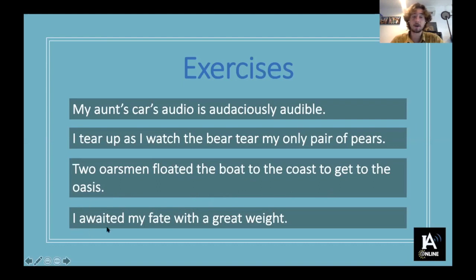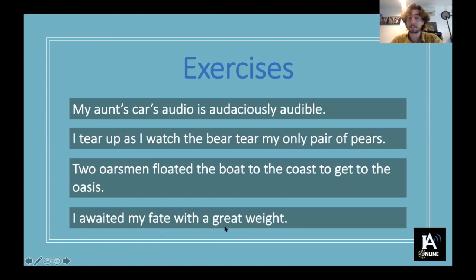Now, I awaited my fate with a great wait. So here, specifically, the sound is ay. But you can notice that it's spelled in different ways. I awaited, so there it's AI. That's how you say A there. I awaited my fate. There it's ATE. I awaited my fate with a great.